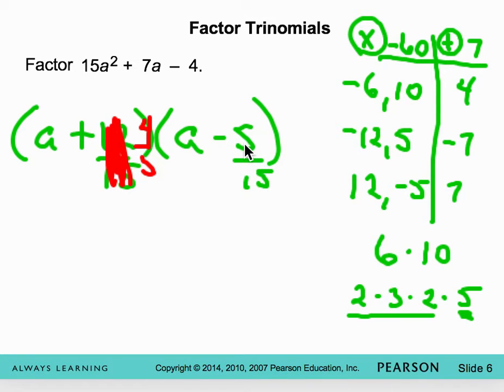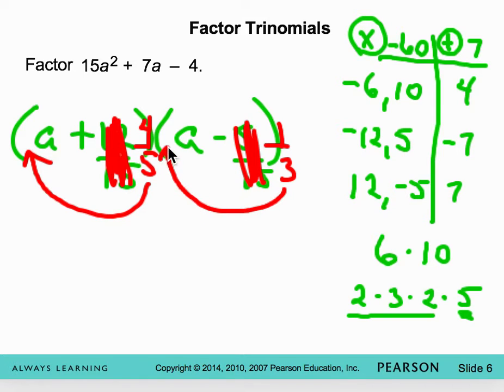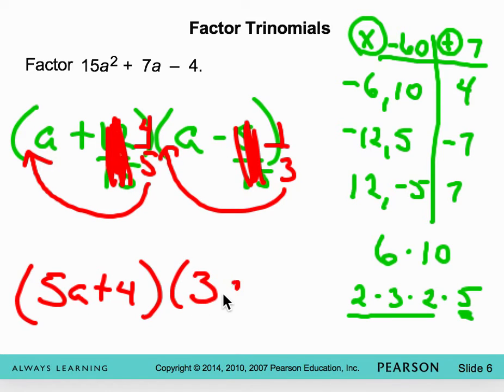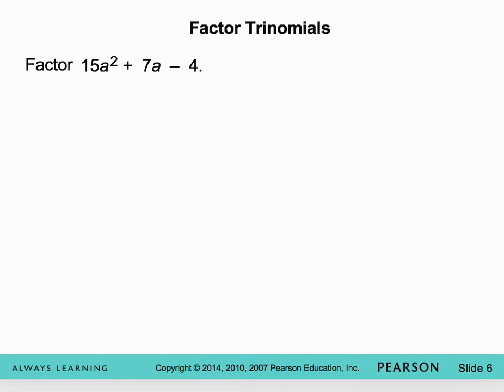These are both divisible by 5, so that's going to be 1/3. Okay, the denominator moves to the front and gives us a final answer of 5a plus 4 and 3a minus 1. Perfect.